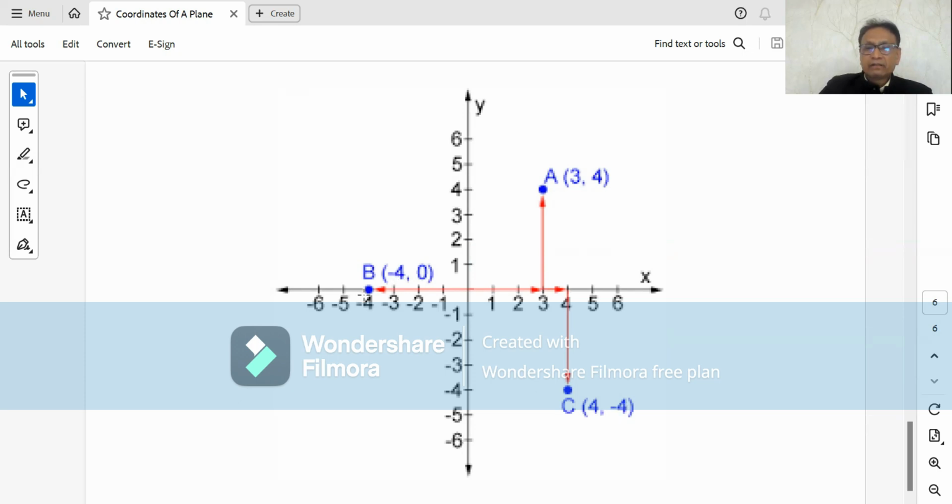Similarly, this point, see, its distance from origin to this point along the x-axis is -4. -4 is written here. And because this point is on the x-axis, it does not have any vertical distance. So vertical distance is 0. 0 is written here.